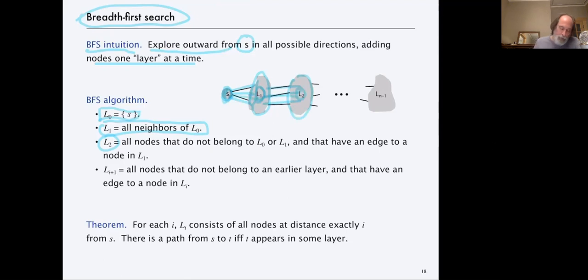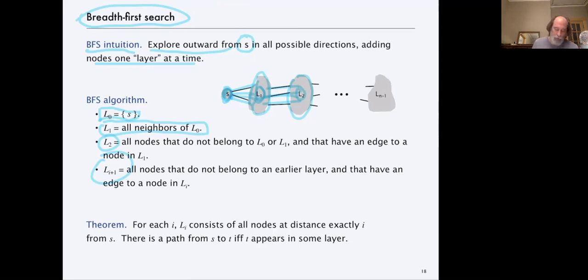In general, layer i plus 1 is obtained by taking all nodes at layer i, taking all their neighbors, and leaving out the neighbors that have already appeared at some earlier level.